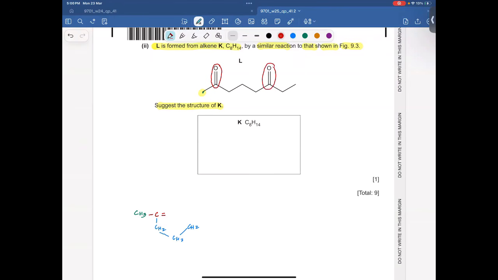So it must have double bonded C, and this is CH2, CH3. And that's the structure of alkene K. I hope I have drawn it correctly.